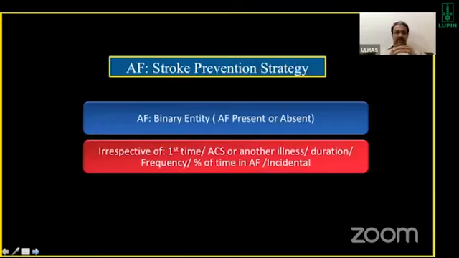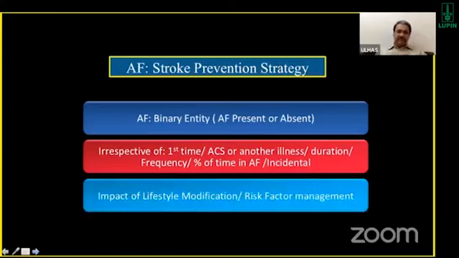So we are now understanding that we should go beyond looking at whether the AF was present or not, to quantify the atrial fibrillation arrhythmia. And that is what is called looking at the burden of atrial fibrillation.